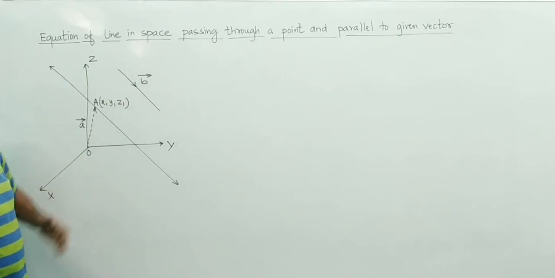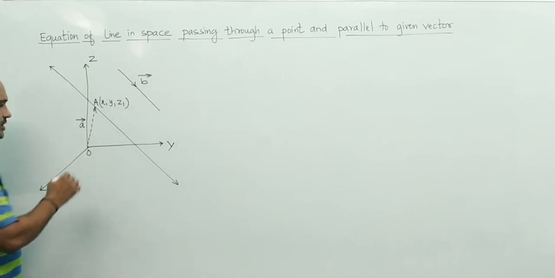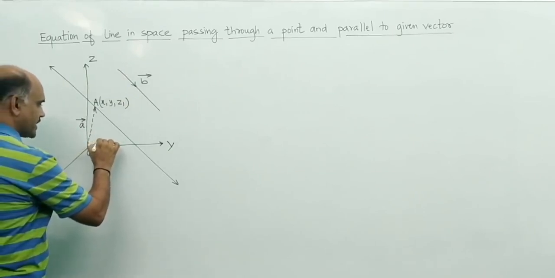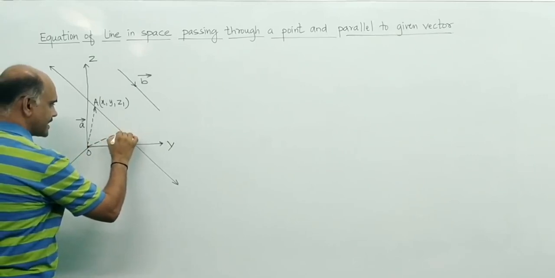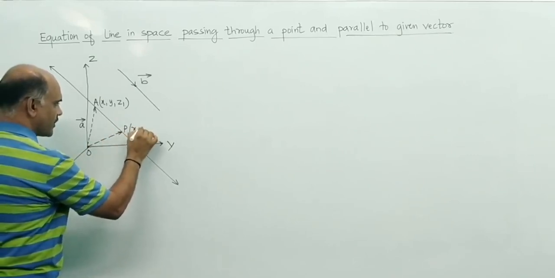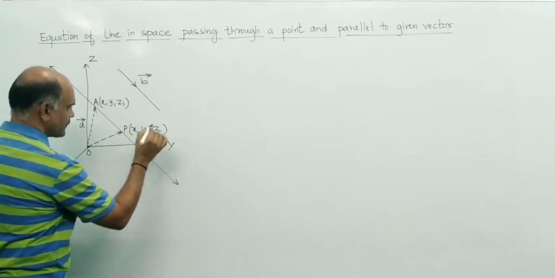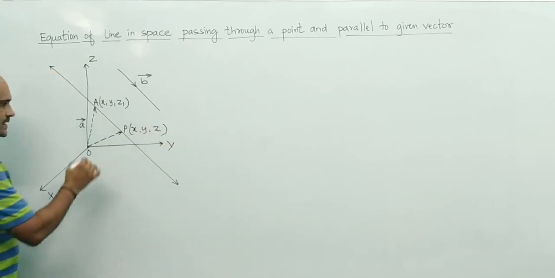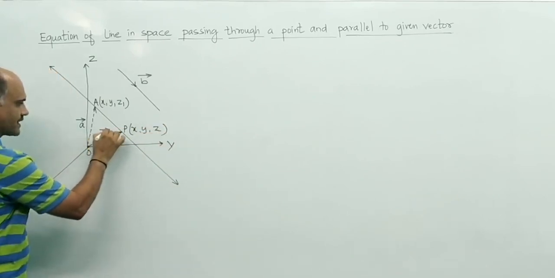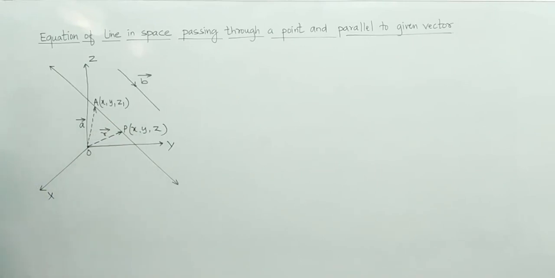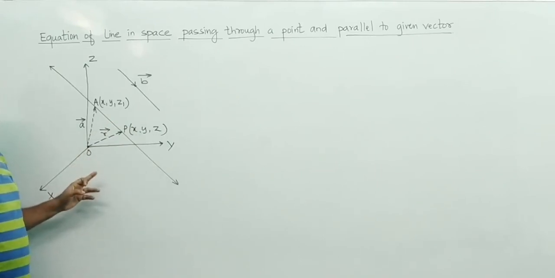We are required to find its equation. So I will take another point P on this line, x, y, z, and its position vector I will take as r.